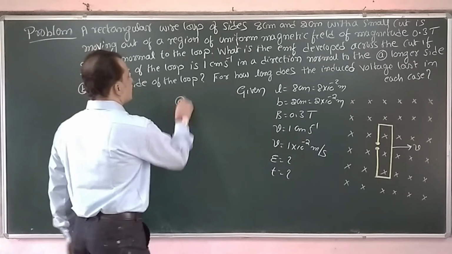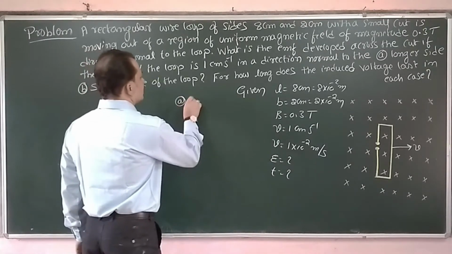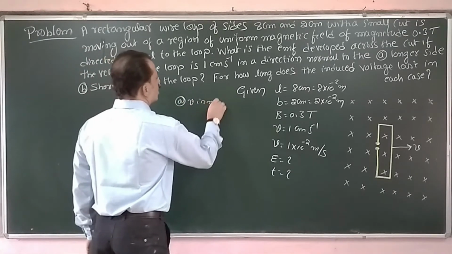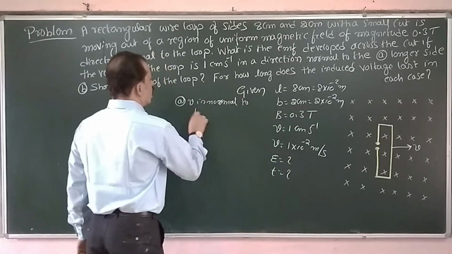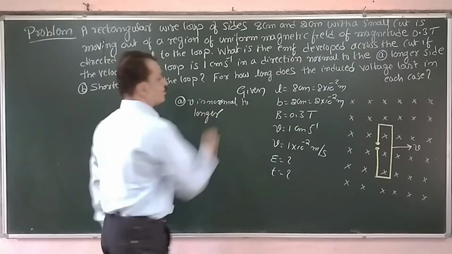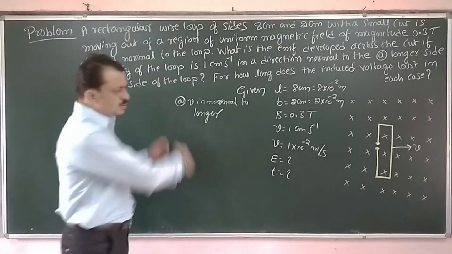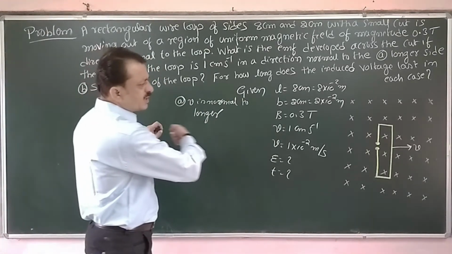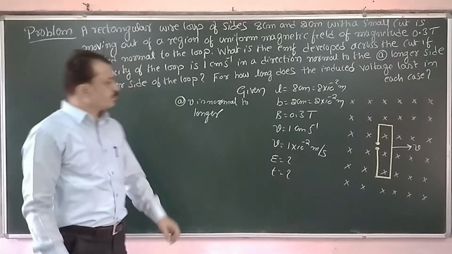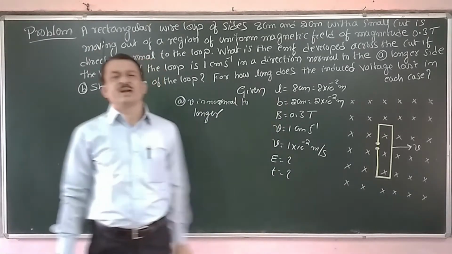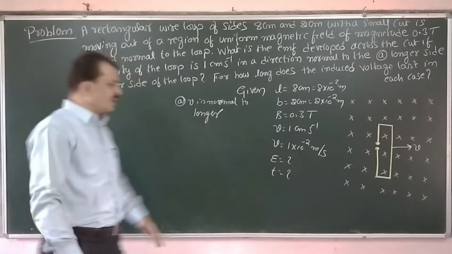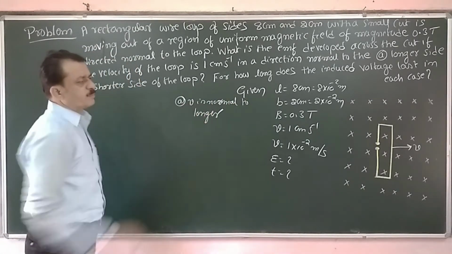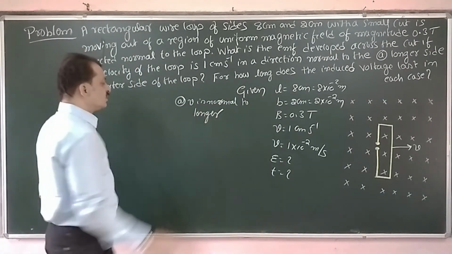Now case A, when velocity V is normal to longer side as shown in the diagram. Now that rectangular loop is pulled away from the longer side. That velocity is normal to the longer side. What is the induced EMF across the cut?